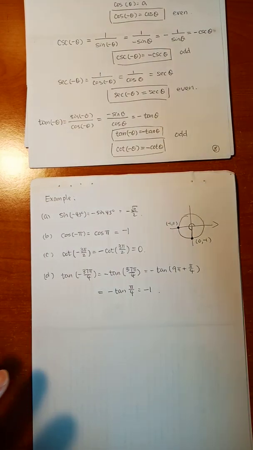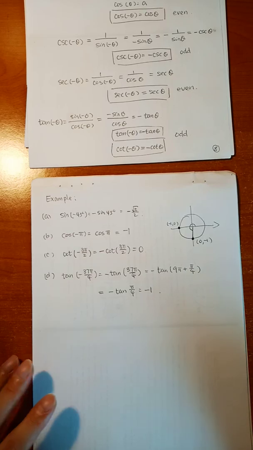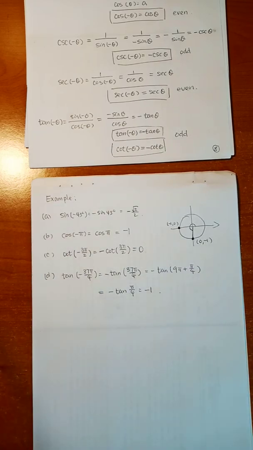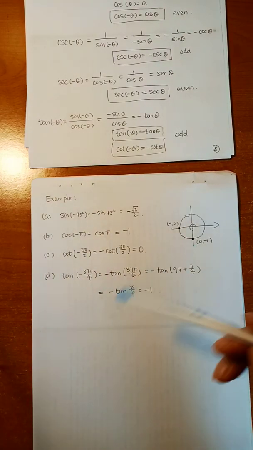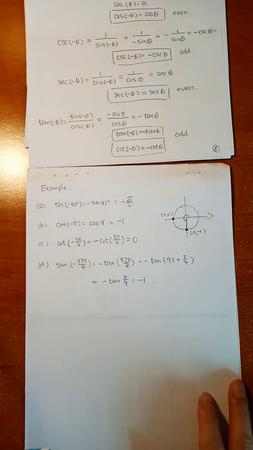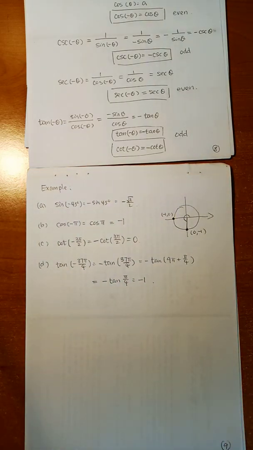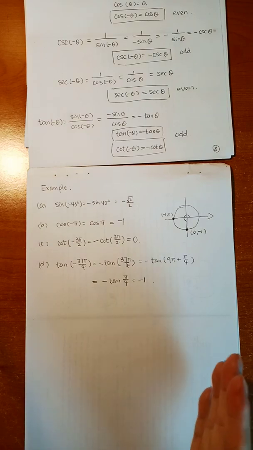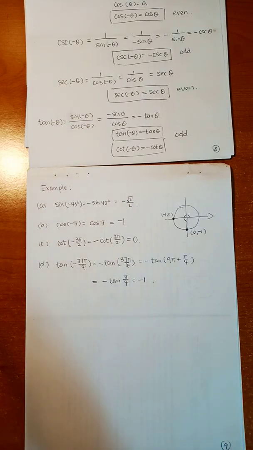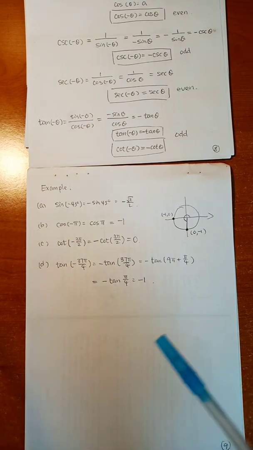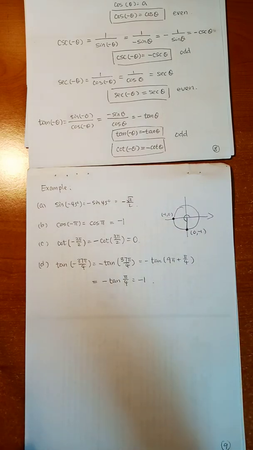Okay, so this is the discussion about even-odd properties. This section is long and contains a lot of information, but basically it gives us another way to understand the trigonometric functions, the circular functions. You can use either the circular approach or the trigonometric approach, but always keep in mind y is related to sine, x is related to cosine.